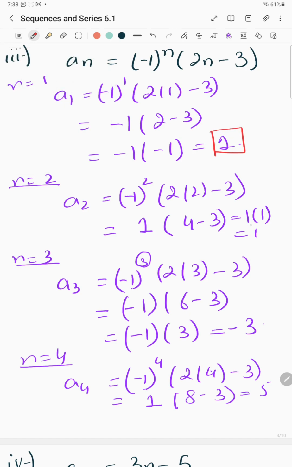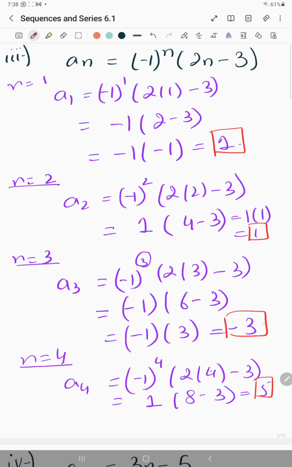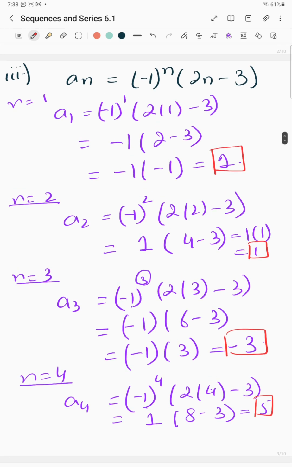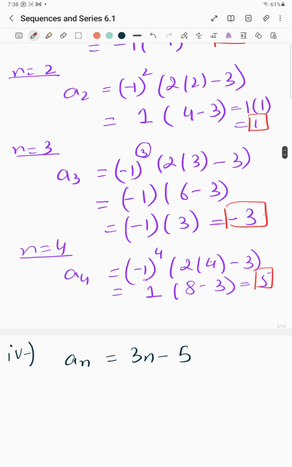The sequence that has been generated is 1 for a1, 1 for a2, -3 for a3, and 5. Okay, so we get the sequence as 1, 1, minus 3, 5.